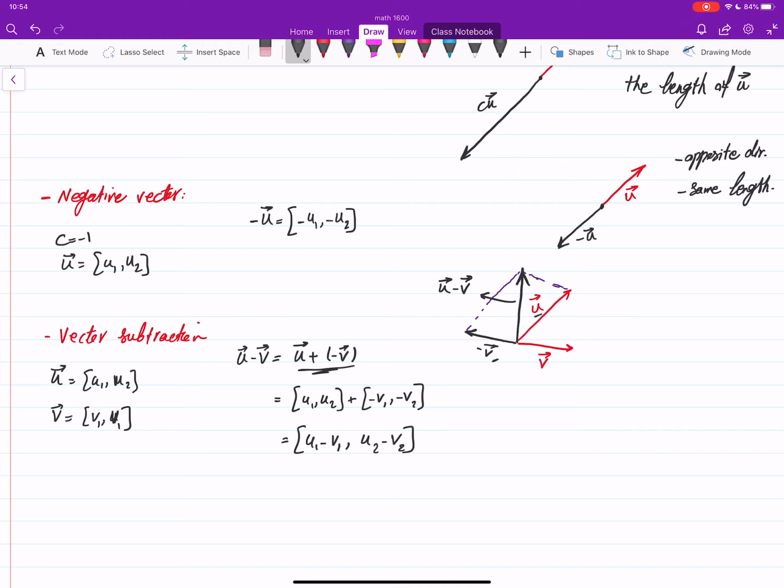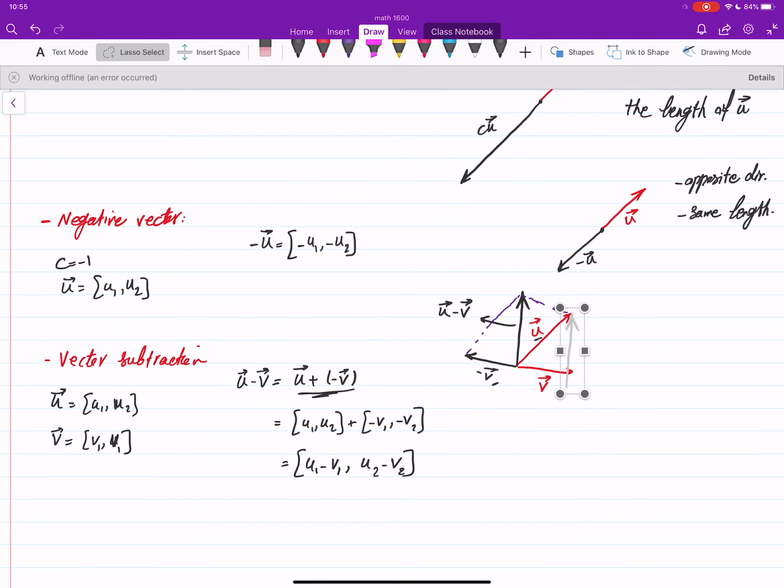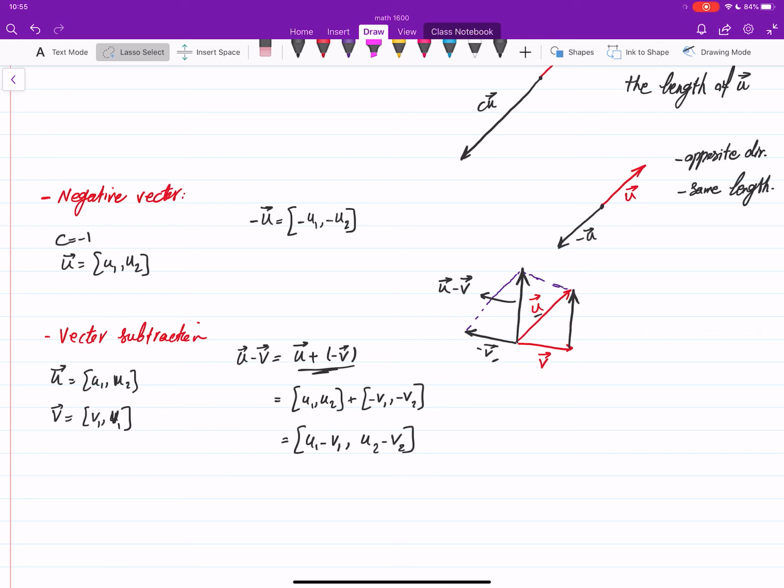Well, if I take this guy and just shift it here, you will see that, well, my drawing is not good, but I can notice right away this will be the vector which goes from the head of v to the head of u.